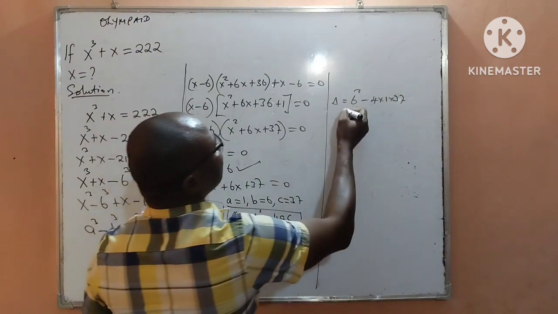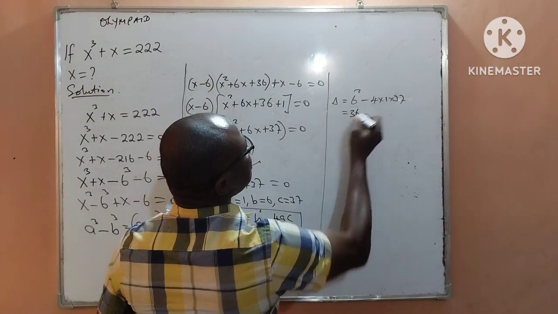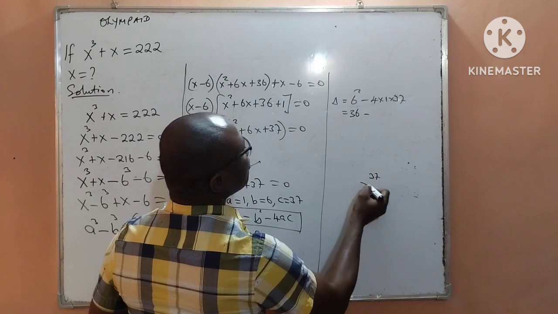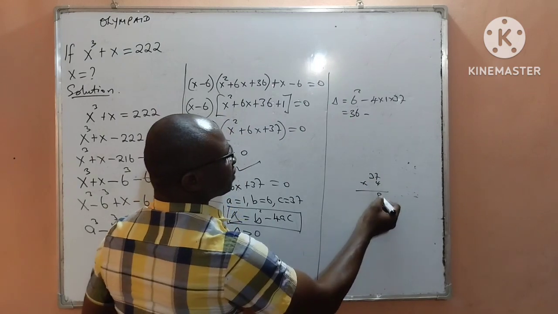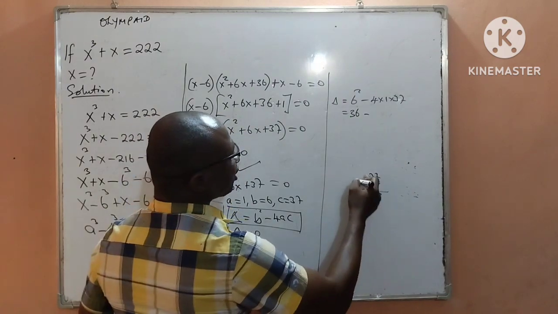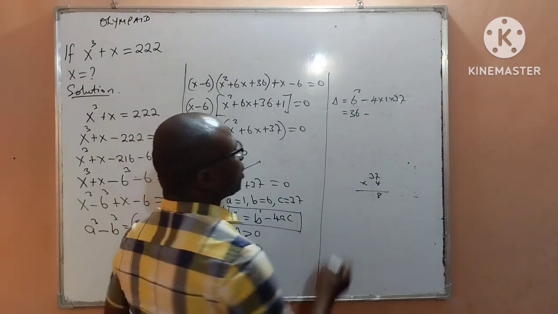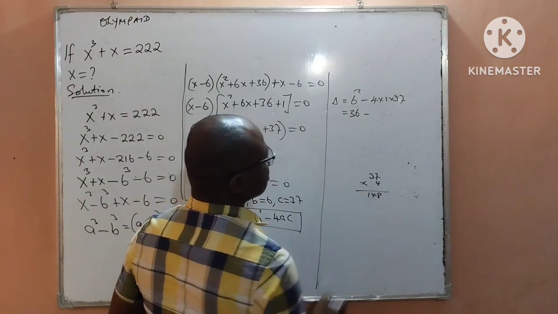What is it going to be? Now, this is 36 minus 37 multiplied by 4. 4 into 7 is 28. 4 into 3 is 12 plus 2, which is 14.